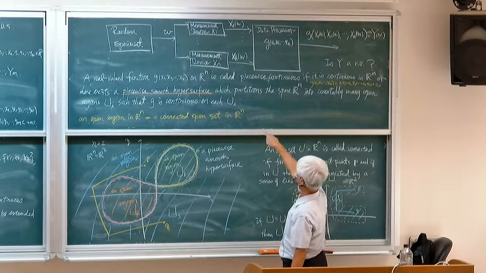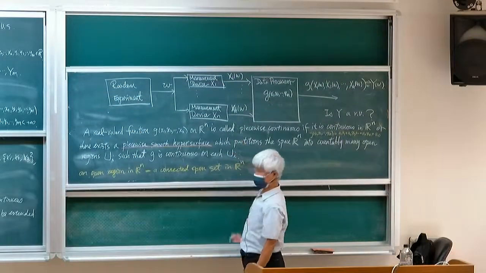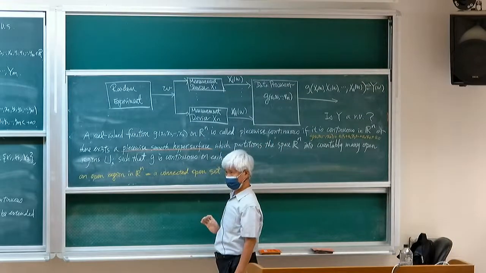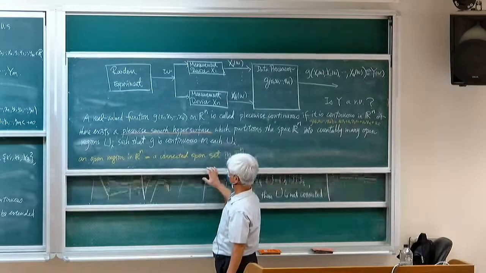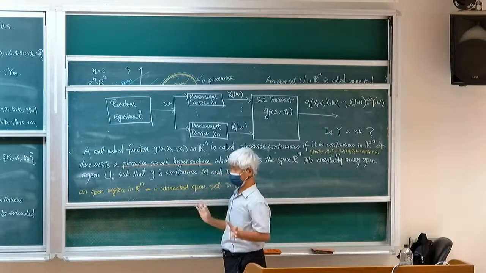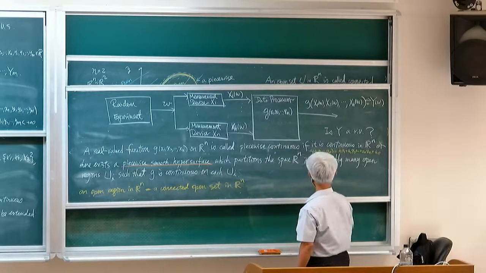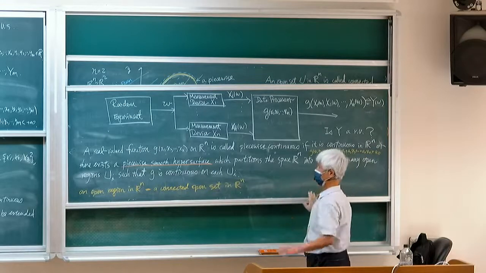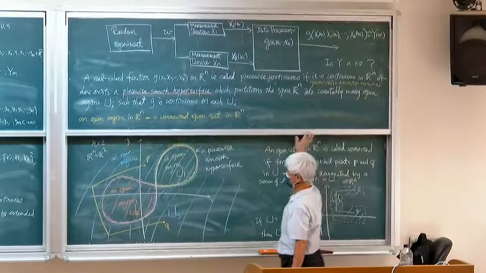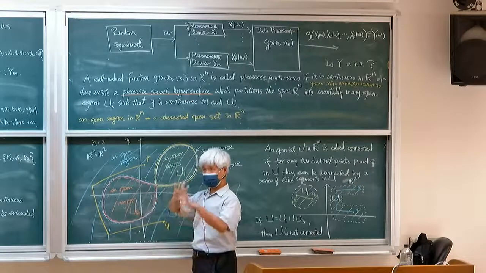All right. So now, this is a definition of piecewise continuous functions on Rn. If the function g itself is continuous, that's fine. But in many situations, it's not continuous over all the n-dimensional Euclidean space. But you can still partition the n-dimensional Euclidean space by using a piecewise smooth hypersurface.